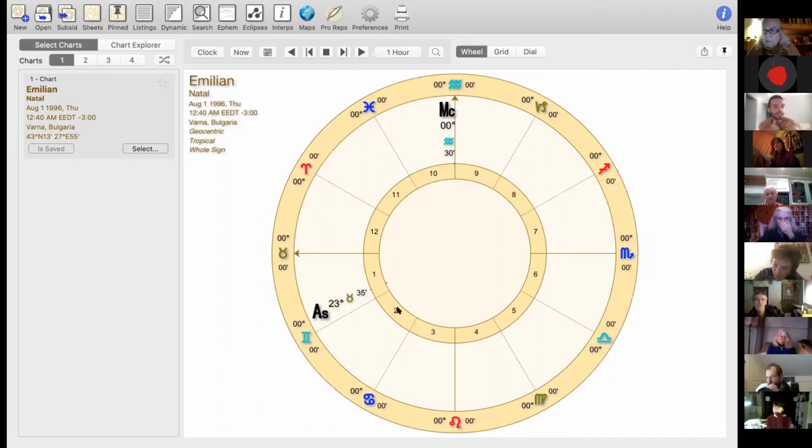Now, the interesting thing is that, and I won't go there just for sake of brevity, but when you're doing your perfections, let's say you're in a second house year and you have the ruler as the sun, okay? So if you go into solar arc directions or secondary progressions, in that case, the sun is going to be in the same position. Whatever is happening with the sun is going to be really spotlit.